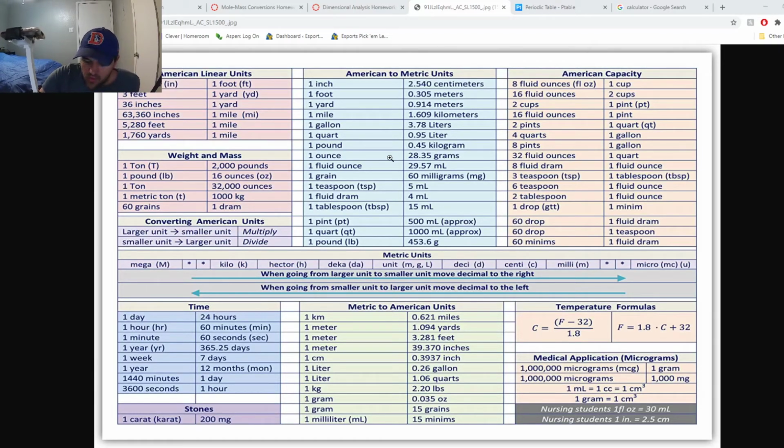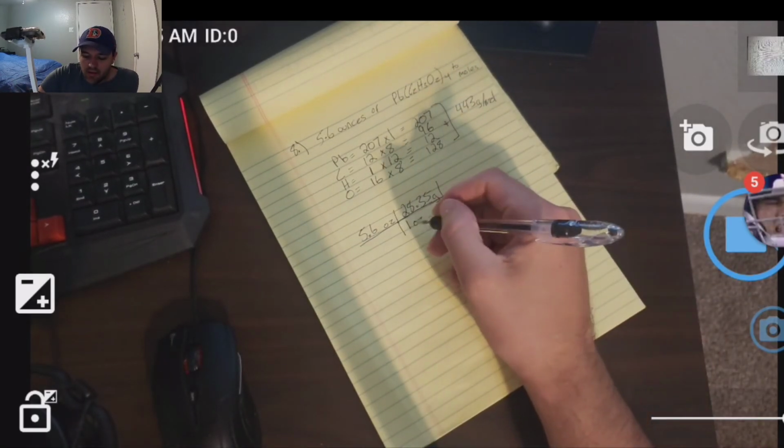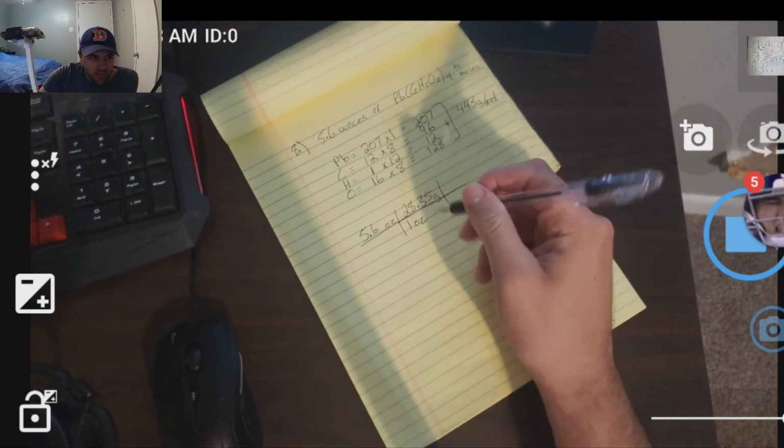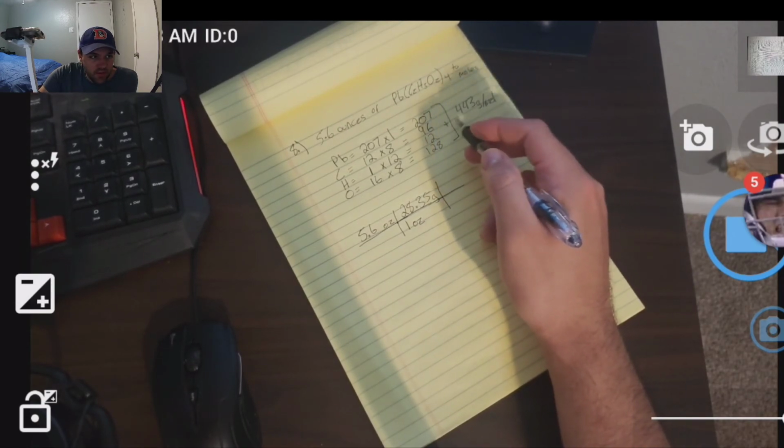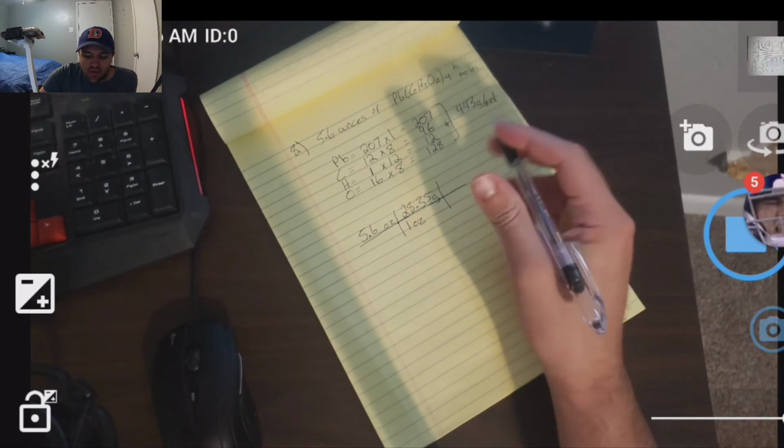So if we're going to put that into our dimensional analysis, if we have ounces on top, it means ounces have to go on the bottom down here. So you've got 1 ounce is 28.35 grams. And now that we've gotten to grams as our unit of mass, now we can use our grams to moles conversion that we know from this to figure out how many moles we have.